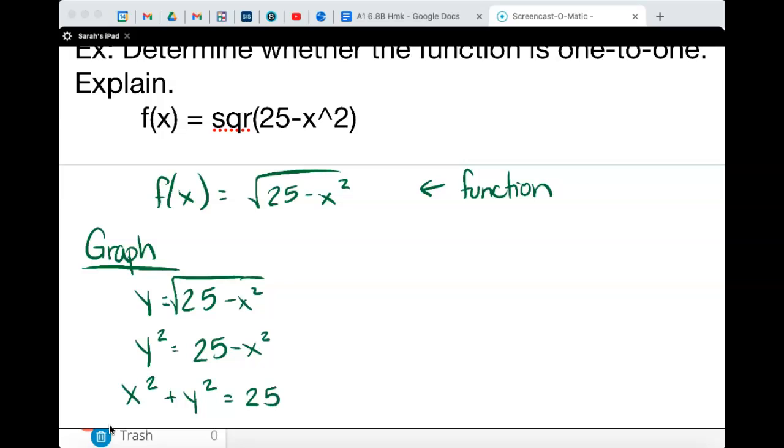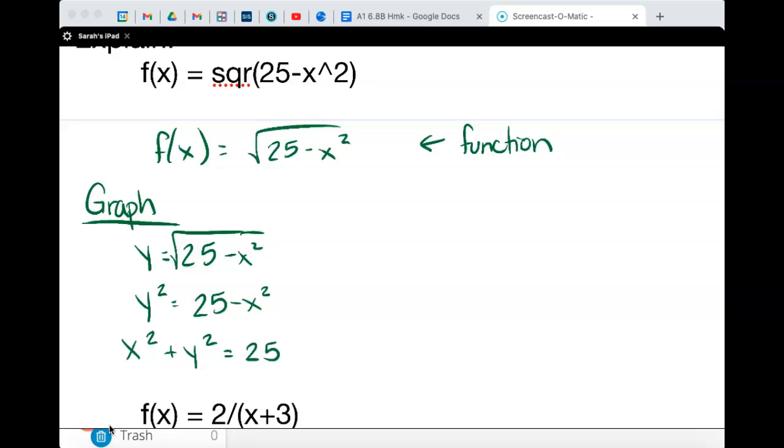So if I wrote it like this, do we know what this looks like? Yeah. So if you have x squared and y squared, this is technically a circle. And specifically, since it started with a positive square root, it is the top half of the circle. Technically.